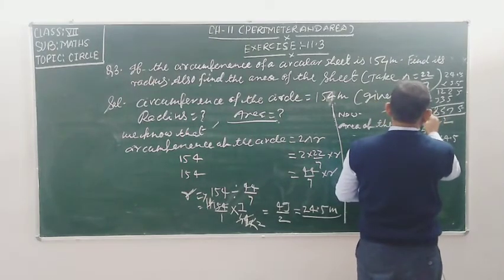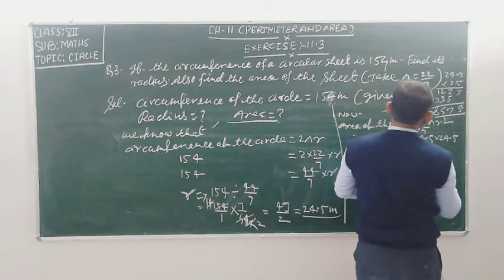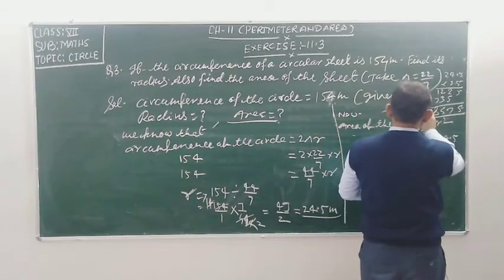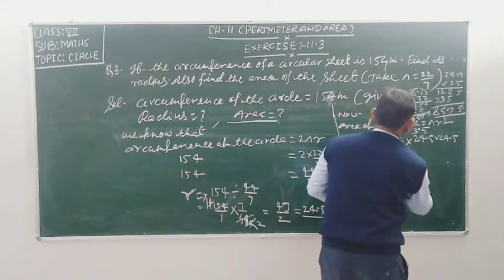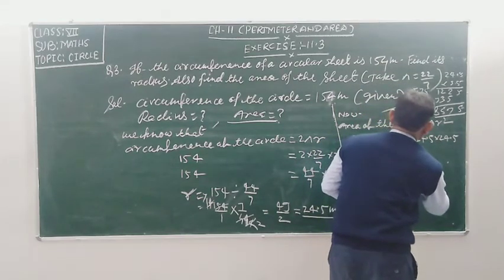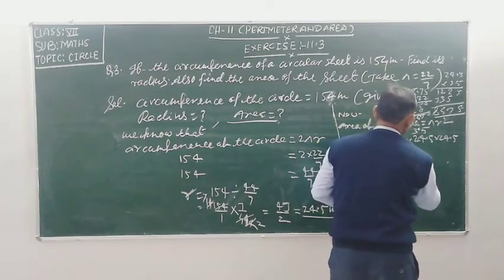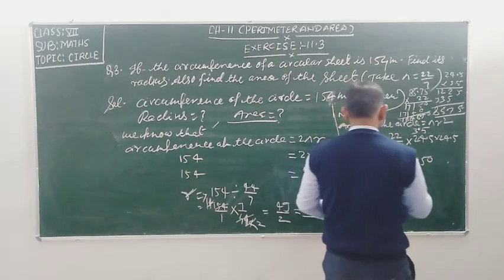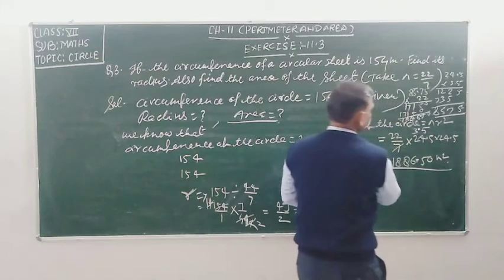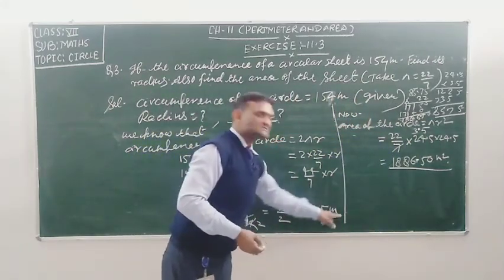When we add, we get, and after 2 digits we use the decimal point, 1886.50. This is the decimal point, student. Meter square. This is the area of the circle and this is the radius of the circle.